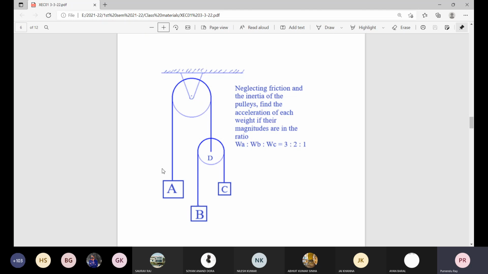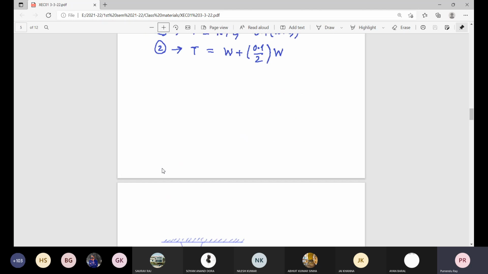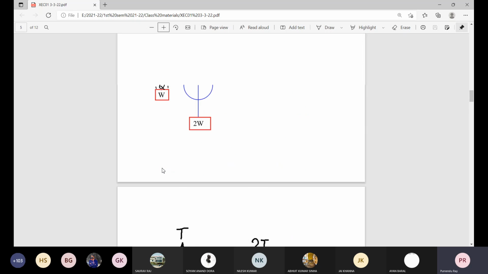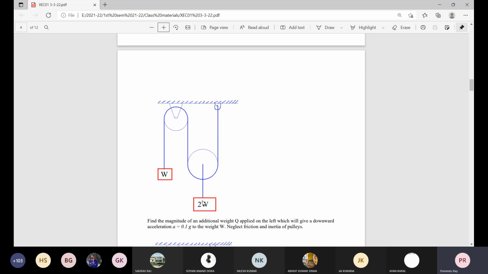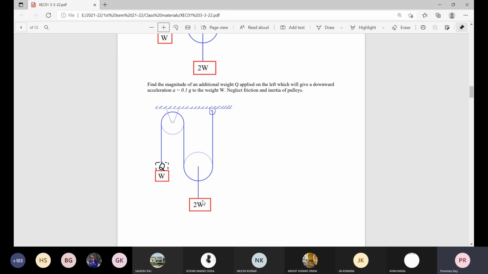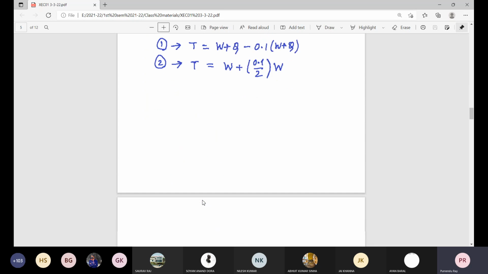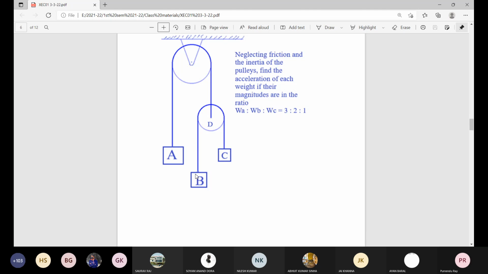In that case it will be under static equilibrium, and it's not like this situation. When W and twice W are acting, it is under static equilibrium. So instead of that 3W, we are considering a rope passing over this pulley, and 2W and W are attached to the free ends of this rope.